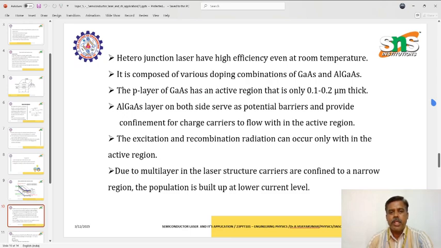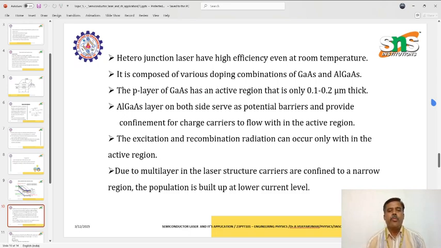The P type GaAs is the active region. The thickness is 0.1 to 0.2 micrometer. The AlGaAs layers on both sides serve as potential barriers and provide confinement for charge carriers to flow within the active region. The excitation and recombination radiation can occur only within the active region.